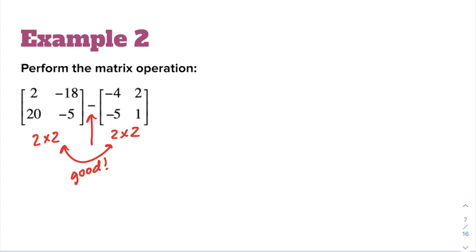And so when we write out my new matrix, we're just going to do subtraction with the elements that are in the same position. So you would have 2 minus -4, -18 minus 2, 20 minus -5, and -5 minus 1.